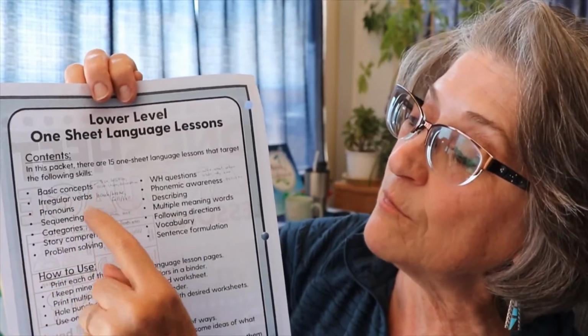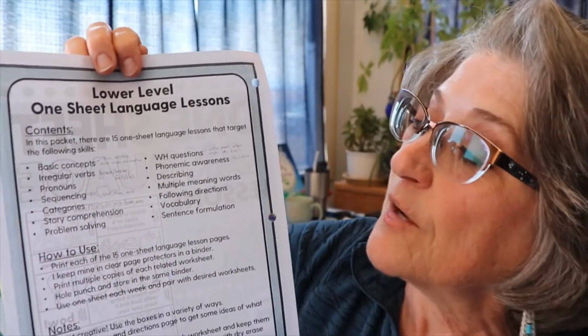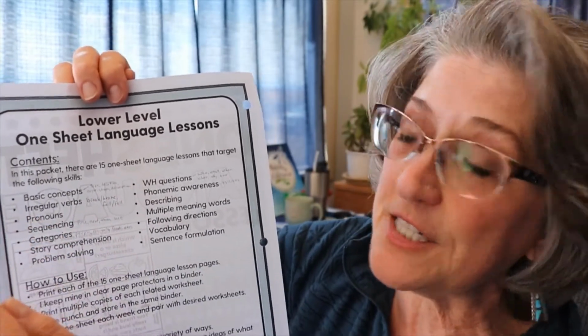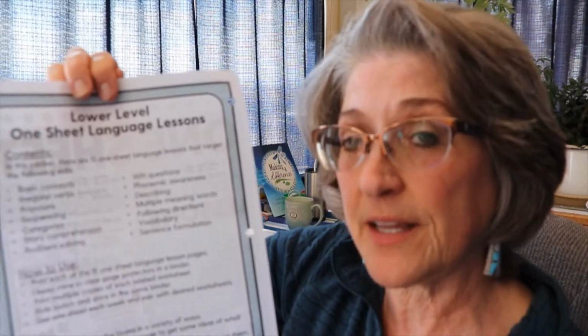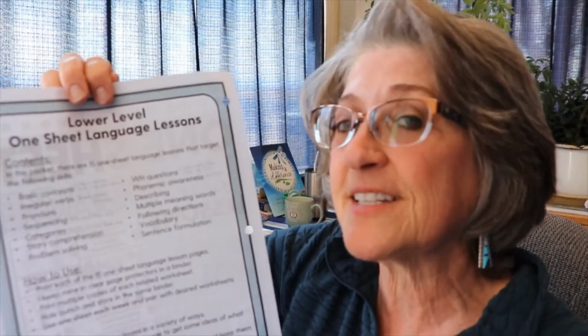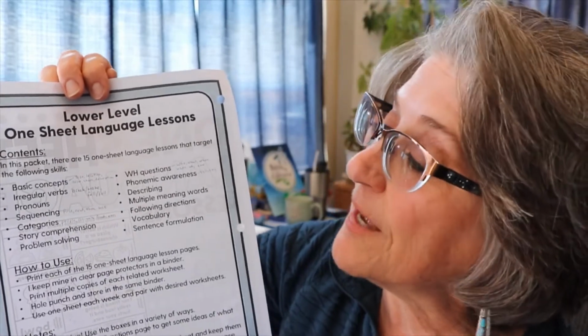We're covering irregular verbs, break, broke, fell, fall. We're covering pronouns, he, she, we, they, sequencing, first, next, then, last. Story comprehension, are they able to listen to a story and understand it and talk about it? And this is a way that you can support them with learning how to do that.